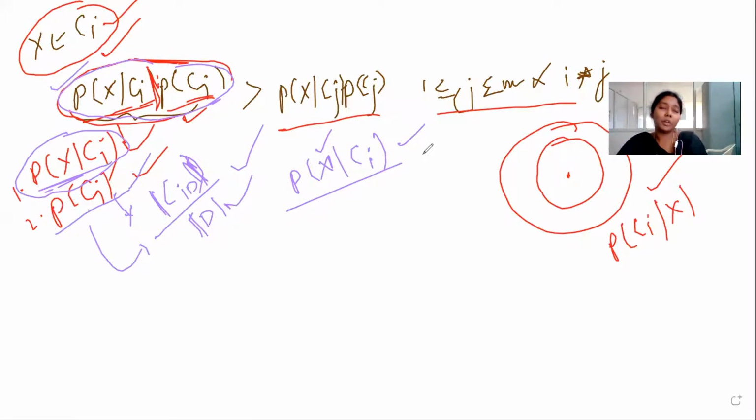Regarding the dependency among the attributes, in the last class we took an example. What are the examples of dependent attributes? Anybody?